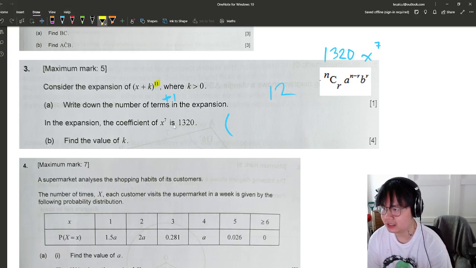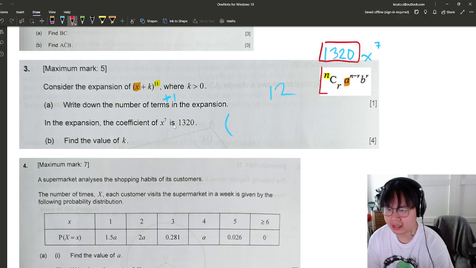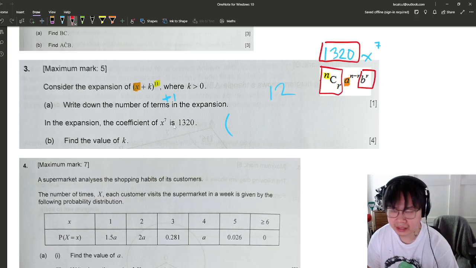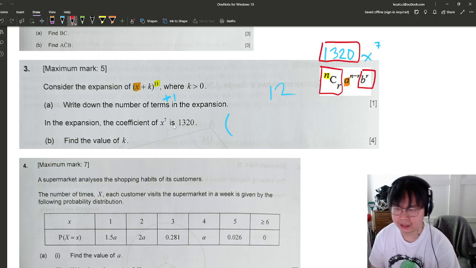So essentially, we know x is a, and then that means that we can figure out a couple of things. Also, 11 is n. And then 1320 is nCr times b to the power of r. And our goal is to find r right now.